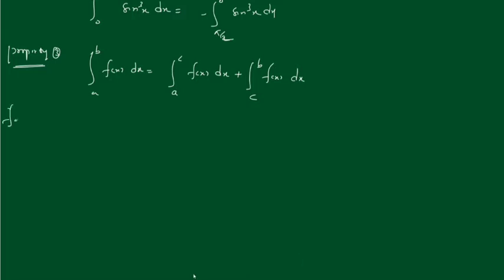For example, integration 0 to pi sine square x dx is equal to 0 to pi by 2 sine square x dx plus pi by 2 to pi sine square x dx. So we are splitting 0 to 180 into 0 to 90 plus 90 to 180.